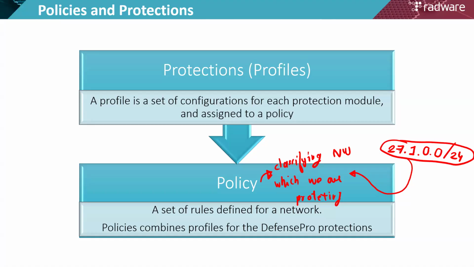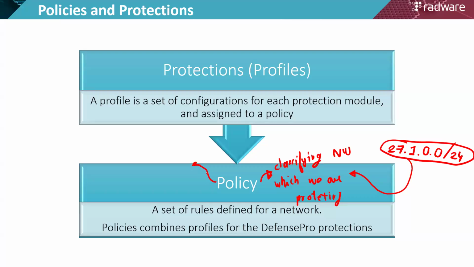These are some of the options based on which we can classify an incoming packet. So basically, what we are doing within a policy is defining the network that we are protecting. That is the important thing, and that is one major part of the policy.